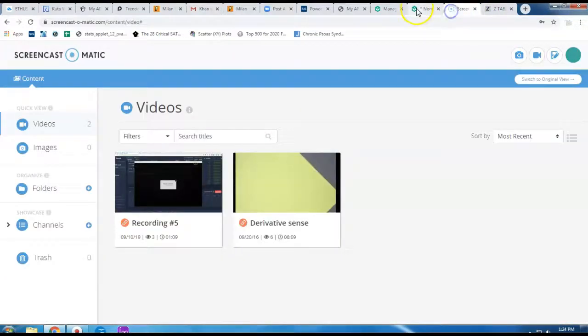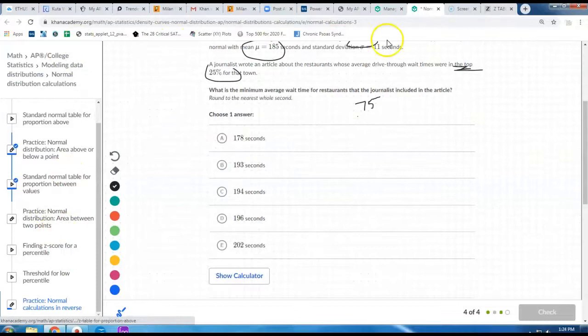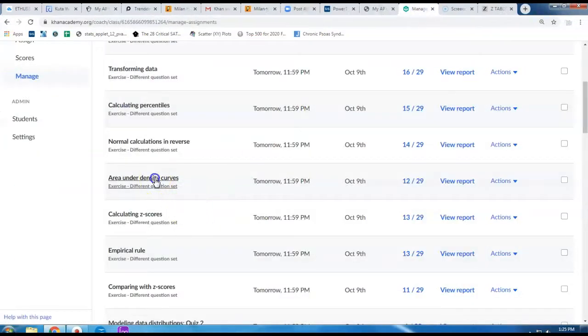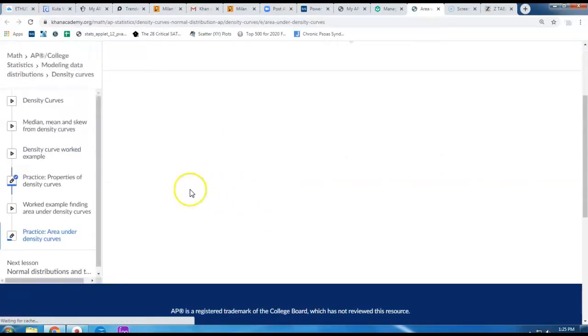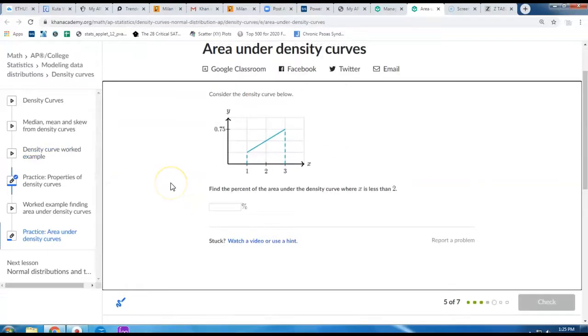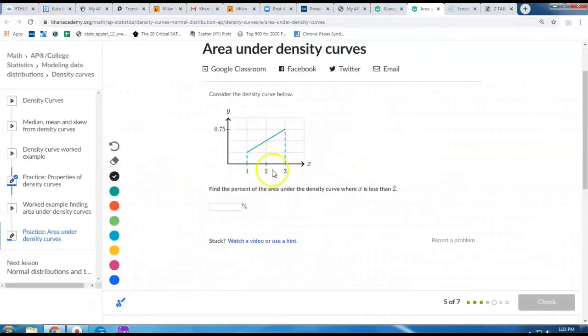So, area under density curves. What you want here for percent of the area is the area you're looking for, the area targeted, divided by the total area.